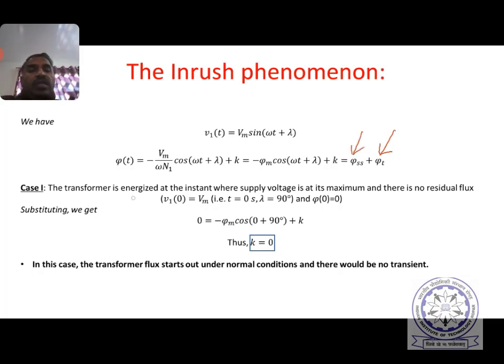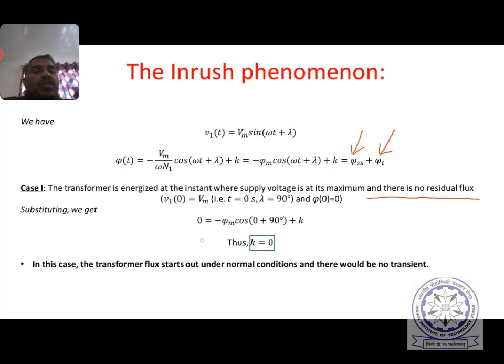Now case 1: the transformer is energized at the instant where the supply voltage is at its maximum. Therefore, there is no residual flux. If the supply voltage is at its maximum and there is no residual flux, so in this case residual flux is neglected, and the supply voltage is assumed to be at its maximum. When the supply voltage is at its maximum, the flux is at 0, right?